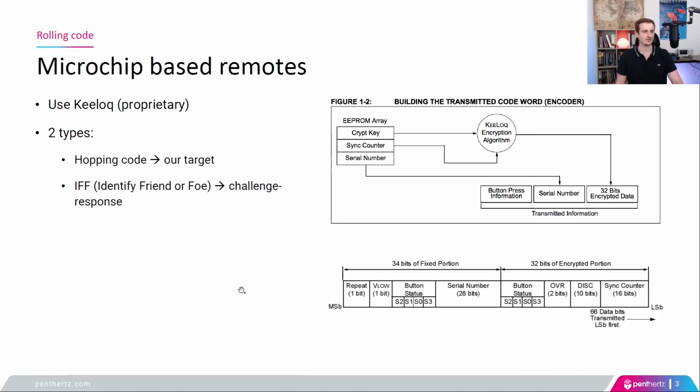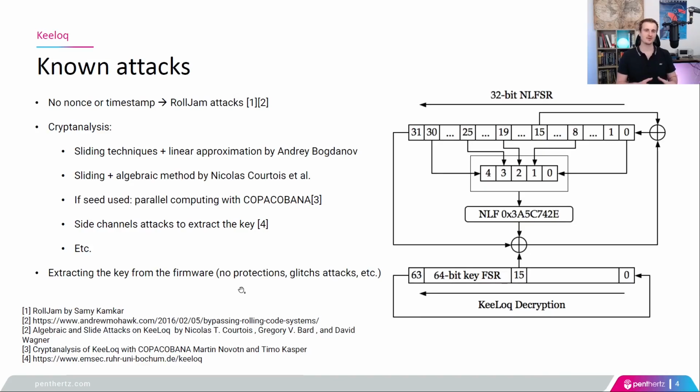There are some known attacks on Keeloq, so just for your information, I'm giving you some references. Actually, the dumbest attack you can do is the RollJam attack. You have probably heard about it, but as you may know, there is no nonce and no timestamp.